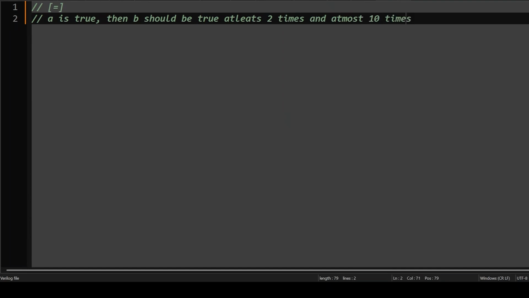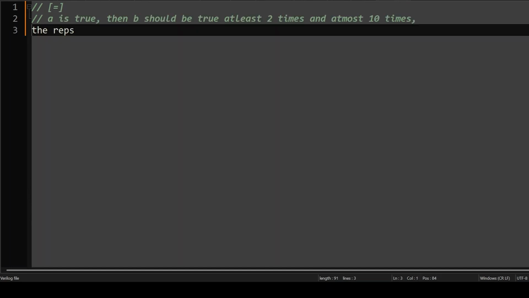So it's pretty much the same as our previous question. It should be true for at least two times and at most 10 times, and the repetitions of B are not required to be consecutive.